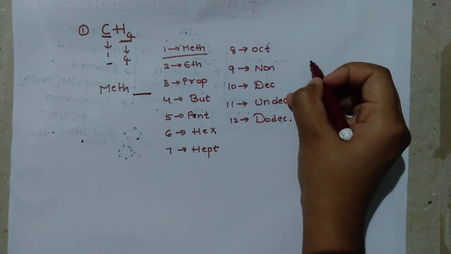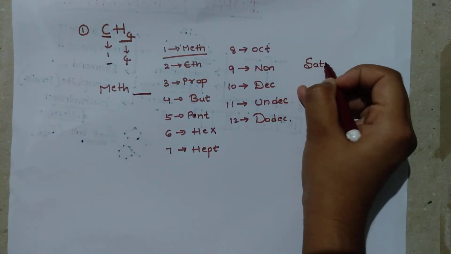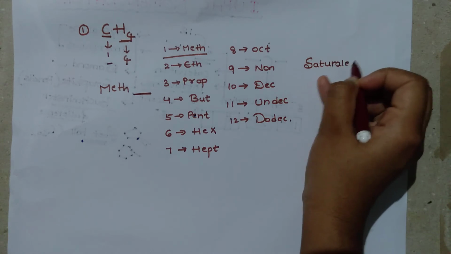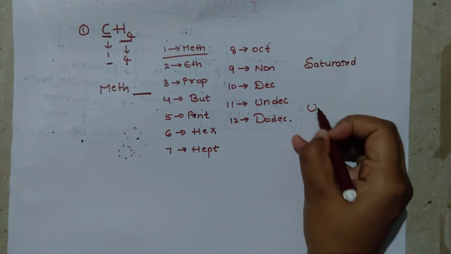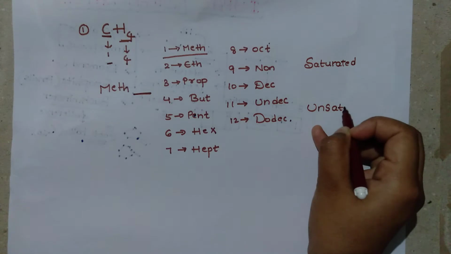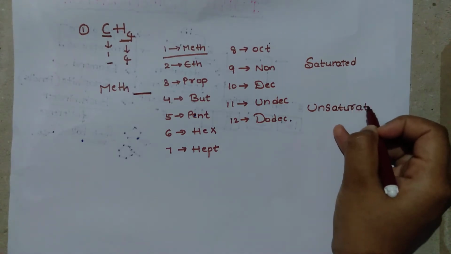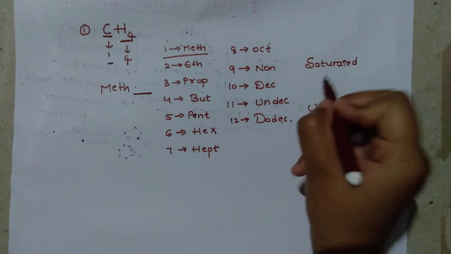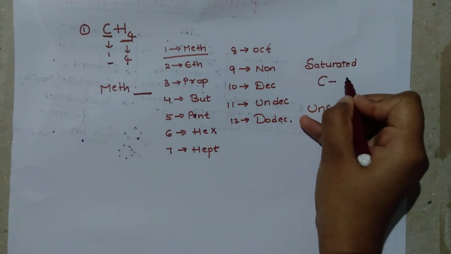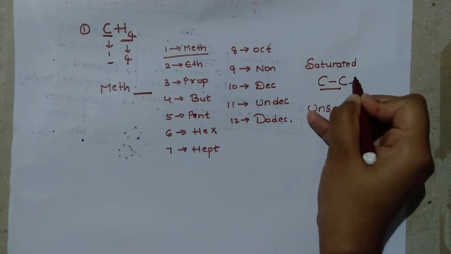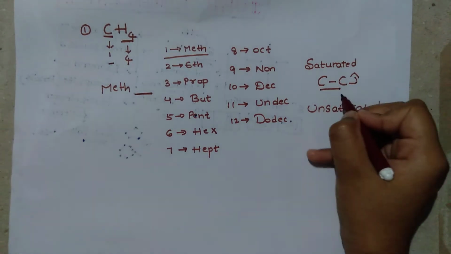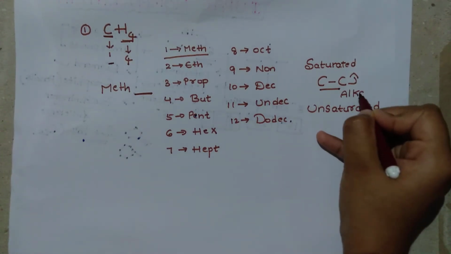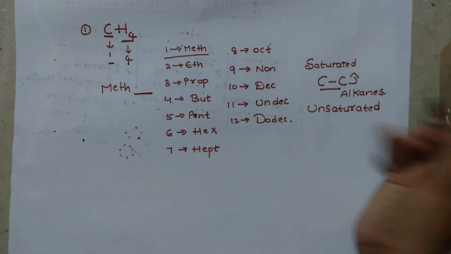We know the meaning of saturated and unsaturated hydrocarbons. When there is a single bond between the carbon atoms, they are called saturated hydrocarbons, also called alkanes.